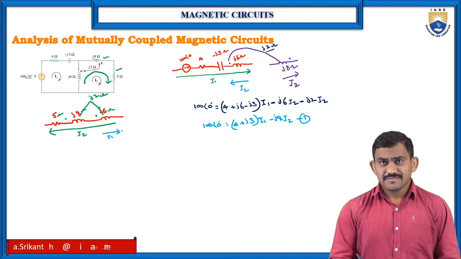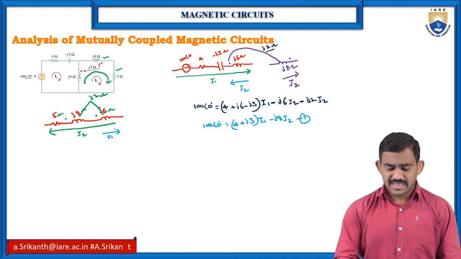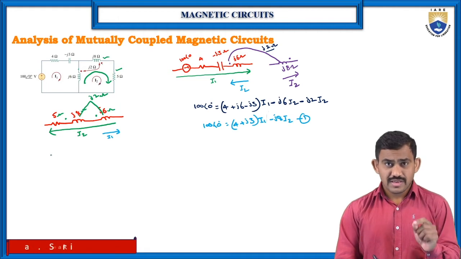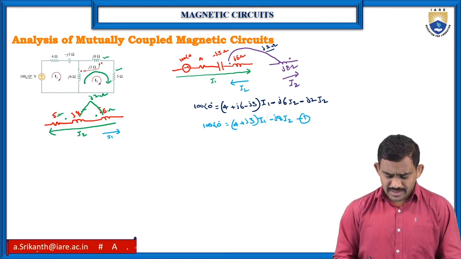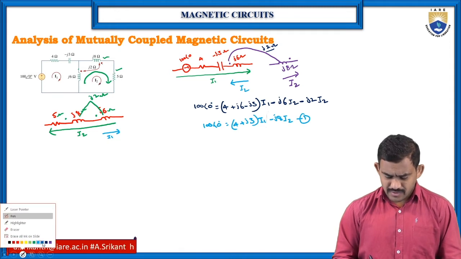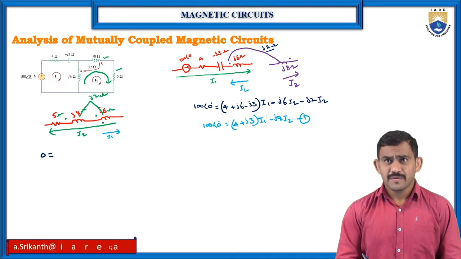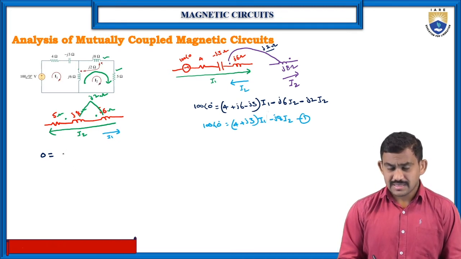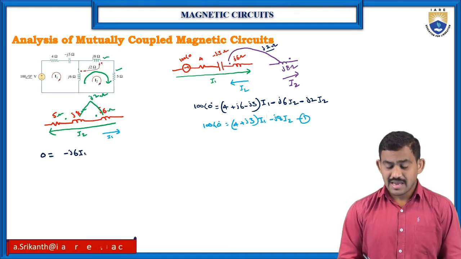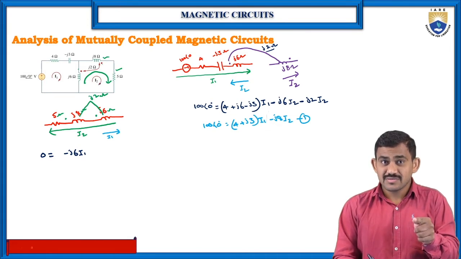For I1 current, write the 6J. When you write the total values, we don't have any voltage source, so the voltage source is 0 equal to, for 6J we have I1 current, so J6 I1, and that 6J is mutually coupled with J2.